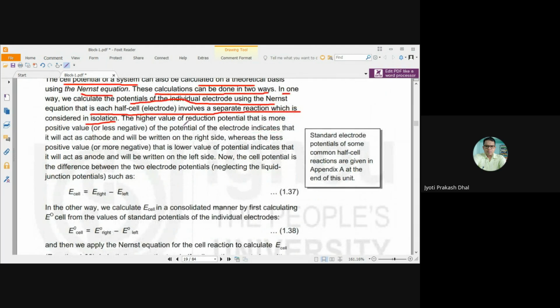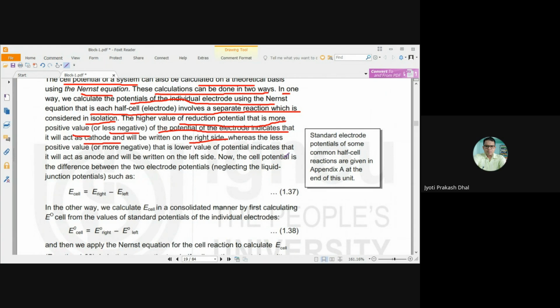The higher value of the reduction potential, that is, a more positive or less negative value of the electrode potential, indicates that it will act as the cathode, and that is written on the right hand side.